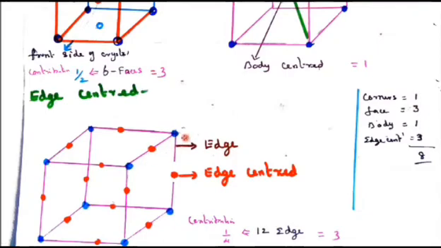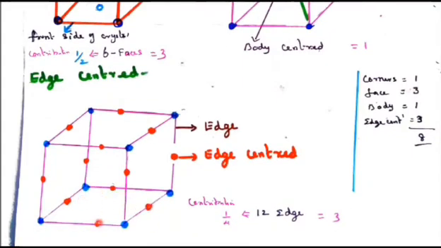Just below a blue atom is the edge, and an atom here is the edge-center atom. Counting the edges: 1, 2, 3, 4 on each face, and in total 12 edges. Each edge is shared by 4 cells, so 1 by 4 into 12 equals 3.